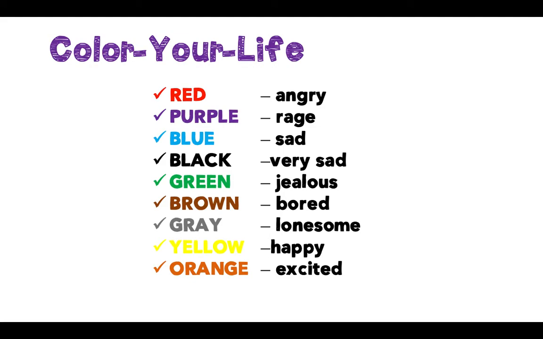Now, when the color feeling pairs are established, the child is provided with a blank paper and told to fill the paper with the colors to show the feelings that they have had throughout their lives.